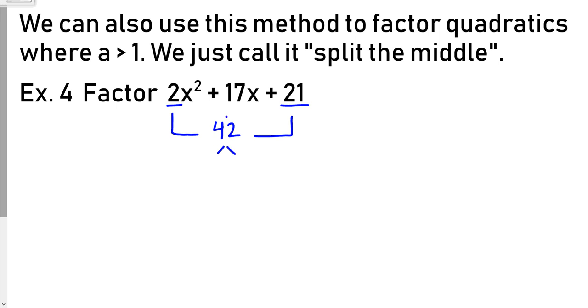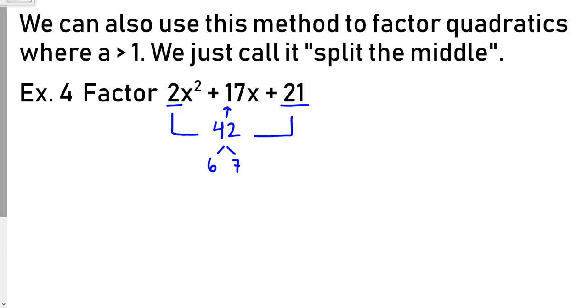Because I'm trying to find factors of 42 that, when I combine them, I get 17. Factors I can think of off the top of my head: 6 and 7. Do those work? Well, they make 42, but do they make 17? Not really.